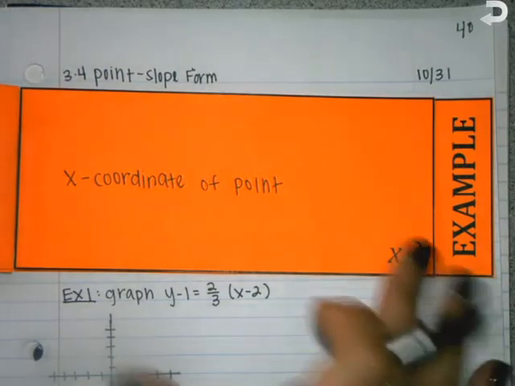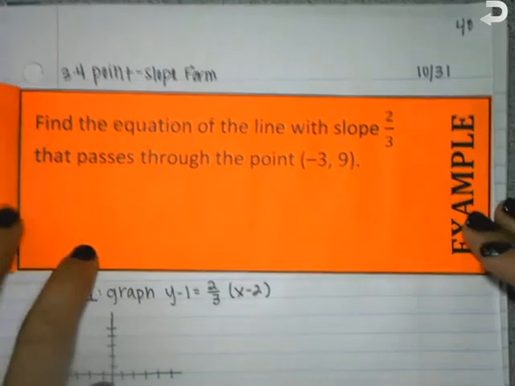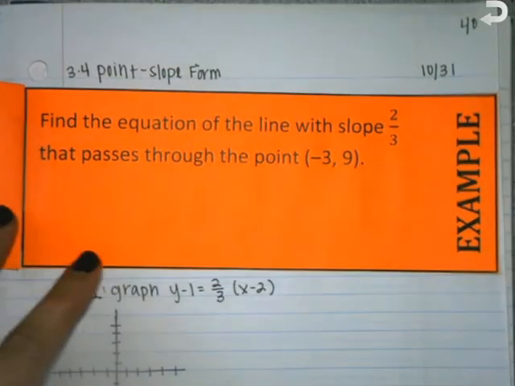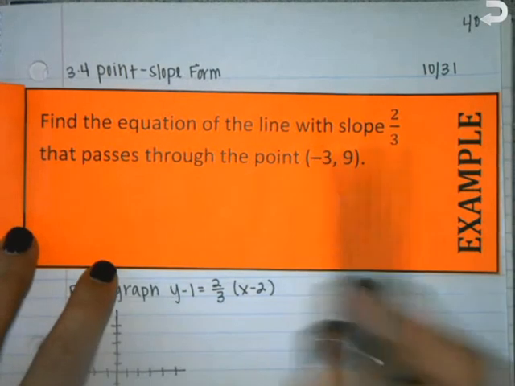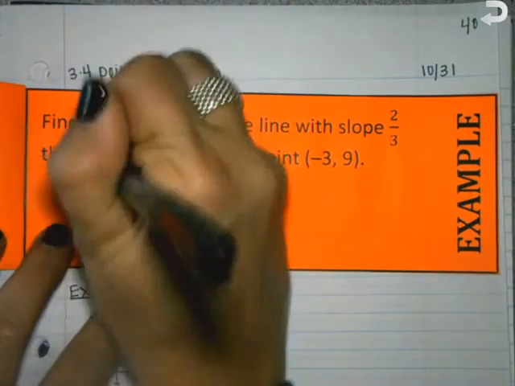So, let's do the first example. The first example wants us to write the equation of a line with a given slope 2/3, and it passes through the point (-3, 9). So we're going to plug this into the point-slope formula. We leave it as y minus.